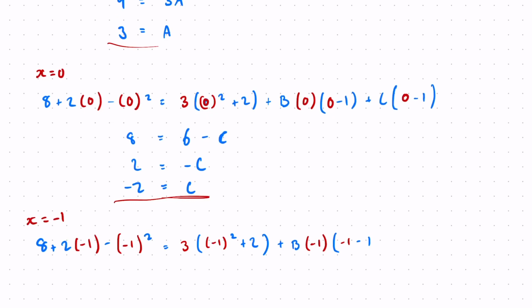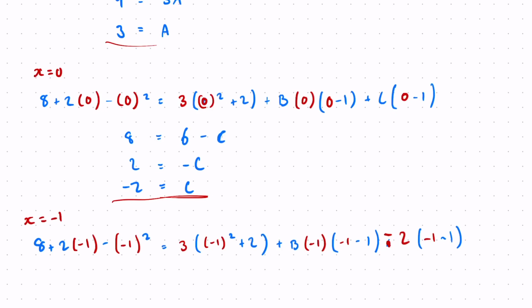Okay. Plus c, which c is a negative 2, so c is minus 2, so it shouldn't actually be plus. That should just be minus 2, lots of minus 1, minus 1. Okay?